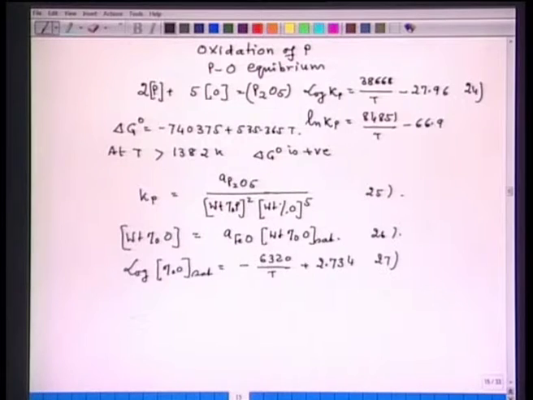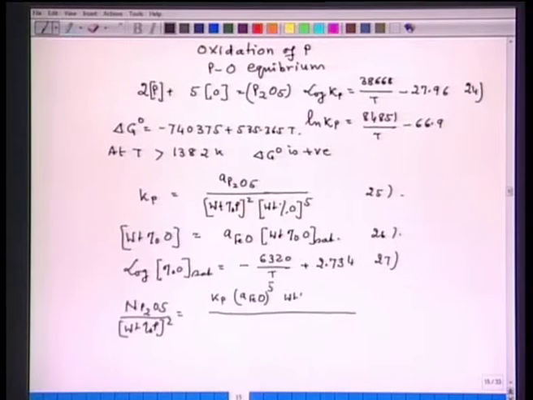Then after rearrangement we get Np2O5 upon wt percent P square is equal to Kp activity of FeO to the power 5 wt percent O to the power 5 saturated upon gamma P2O5.